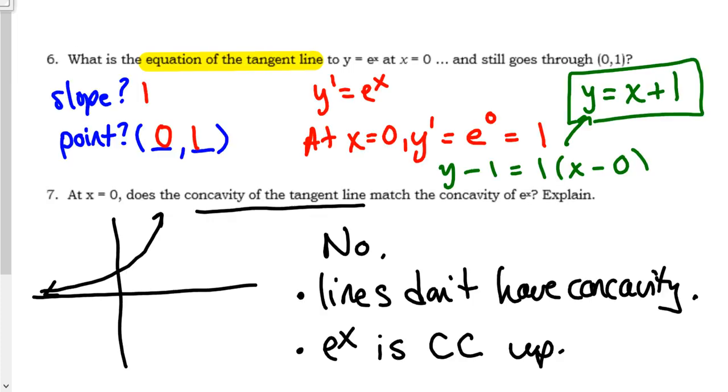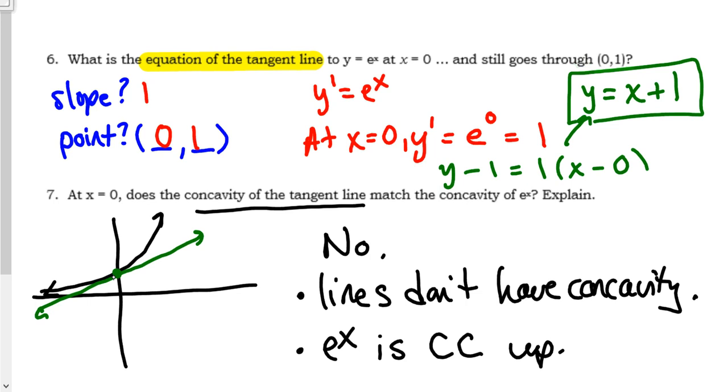So back here, tangent lines work, and I'm going to use this picture here to just illustrate. Here's my tangent line. I'm just going to call them black and green for a minute. The black and the green share a point, 0, 1. The black and the green share a slope at 0.